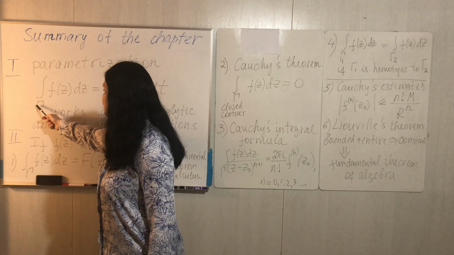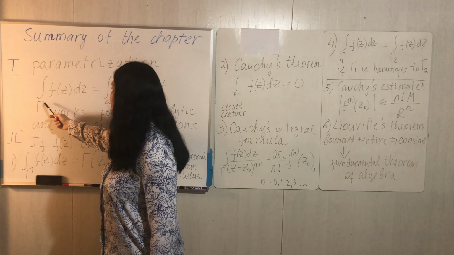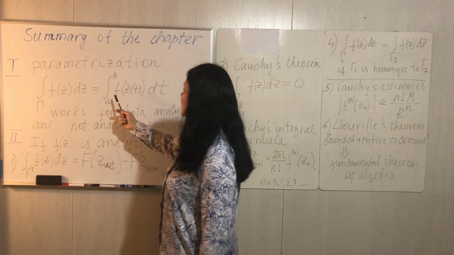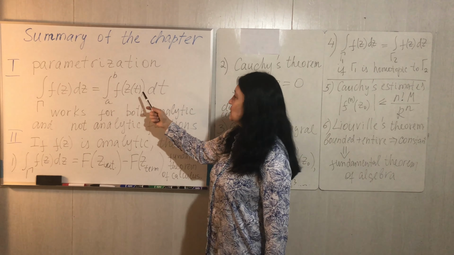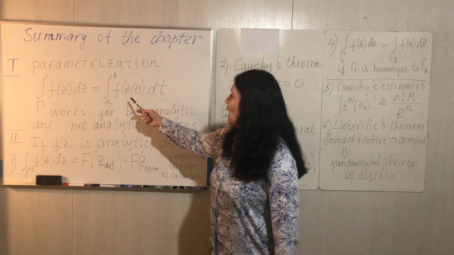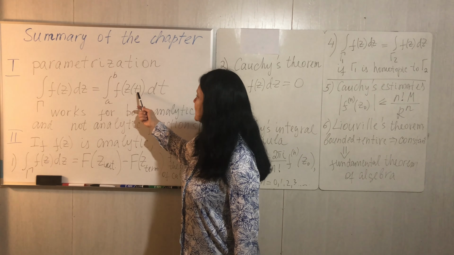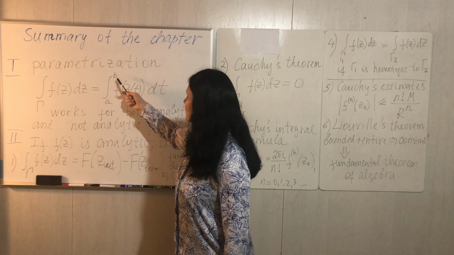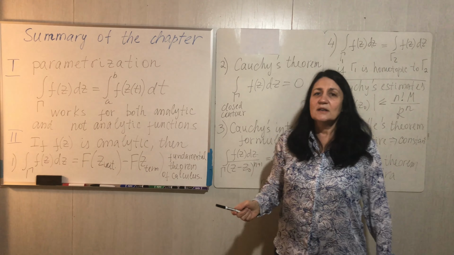If you have an integral along a curve, it doesn't matter if it's closed or not, a curve in the plane, then you can parameterize this curve using parameter t, which is considering a path, and then with this parameterization, suppose t runs from a to b along a segment, you can compute this integral.